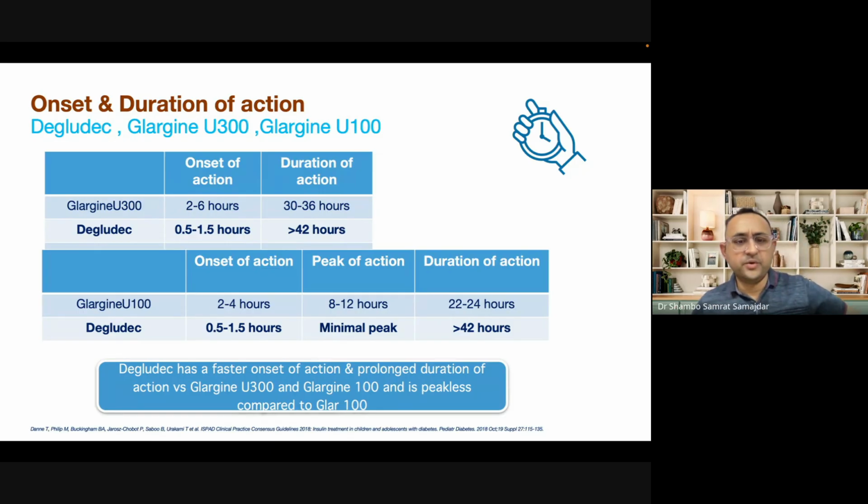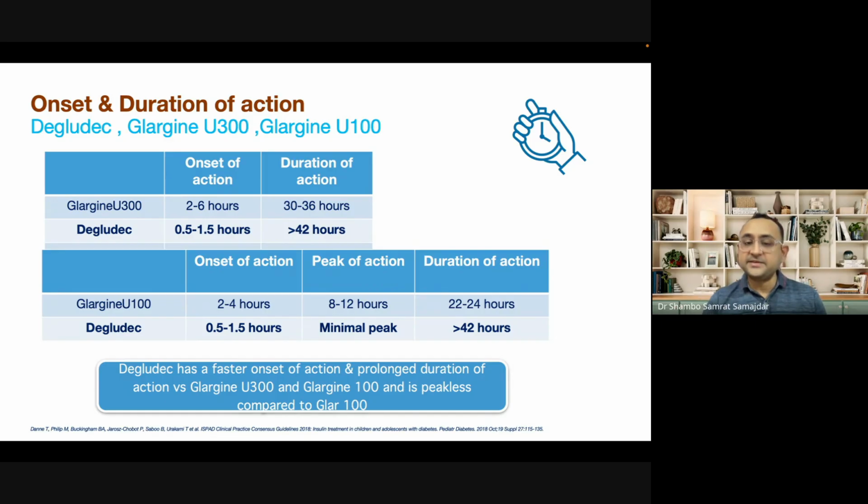And if we try to compare U100 and the new generation basal insulins, we can see there is a peak of action with glargine U100 too, and the duration of action does not extend through 24 hours. Yes, theoretically it can reach 24 hours.